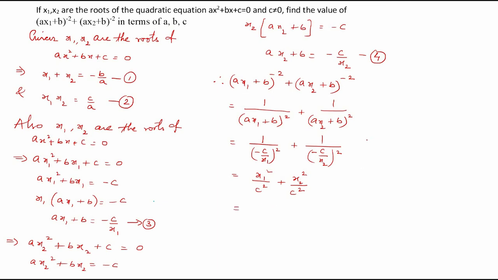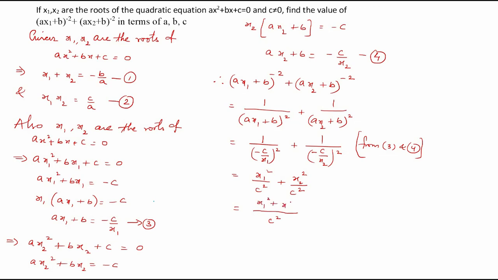So the denominator is same. Remember, we are using equation 3 and equation 4 here in order to write the value of ax1 plus b and ax2 plus b. So when you reverse this, this will become (x1 by c) whole square. You can square separately both the terms. Same here, this will become (x2 by c) whole square, that is x2 square by c square. So the denominator is same.